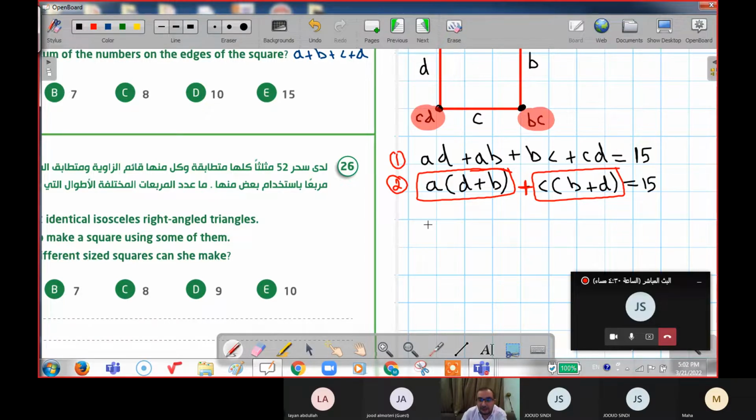I take B plus D, or D plus B, the same thing, as a common factor, with parentheses, of A plus C, A from the first one and C from the second one, equals 15.